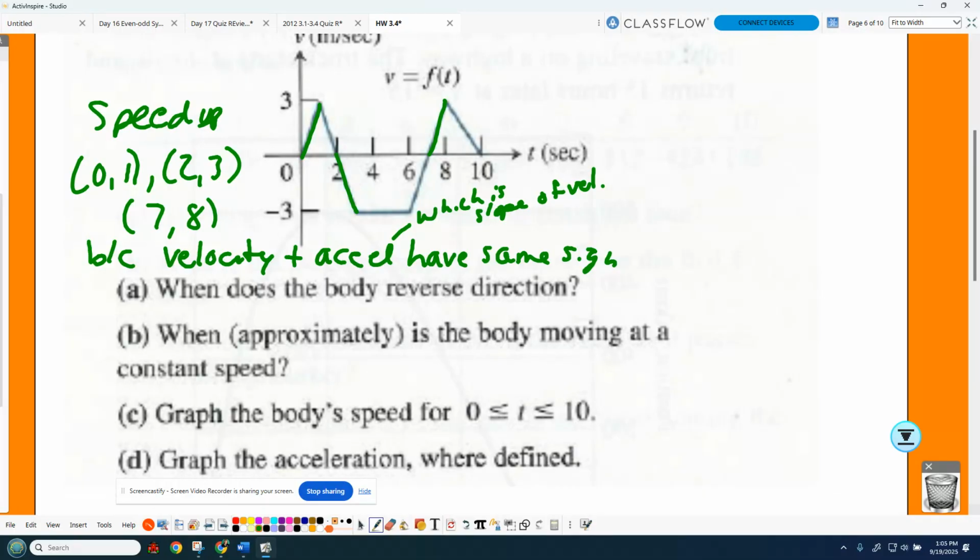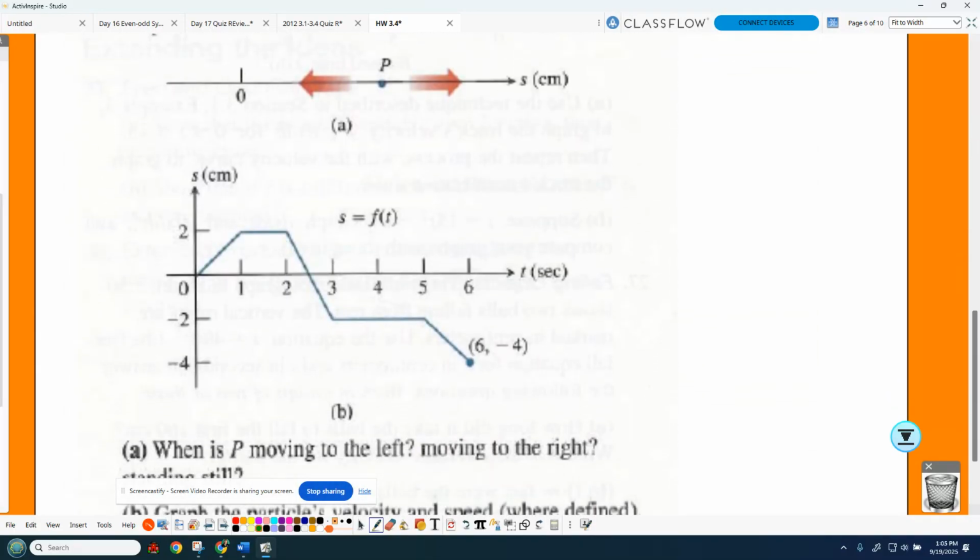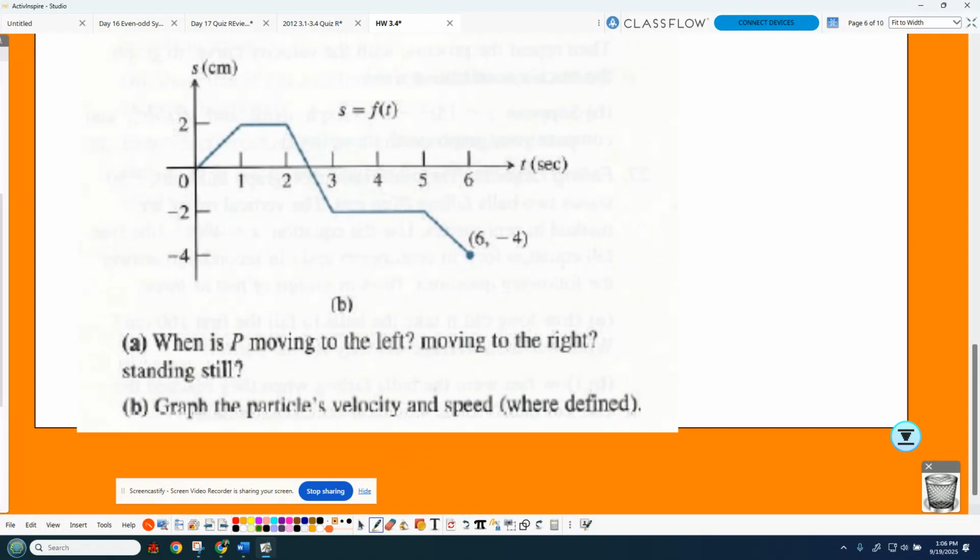Okay. Position graph. When is the particle moving left? Asher, when is it moving left? 2 to 3, and 5 to 6. And what are you looking at to see that?